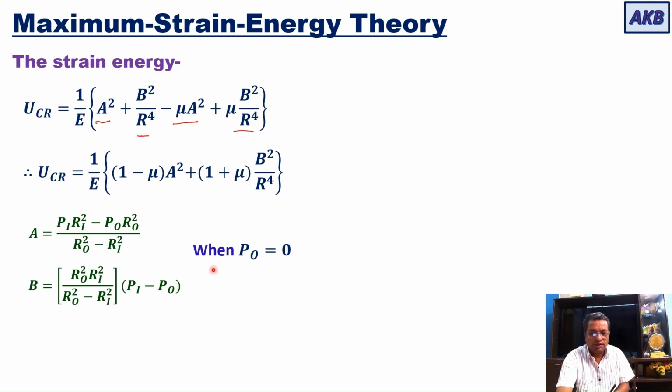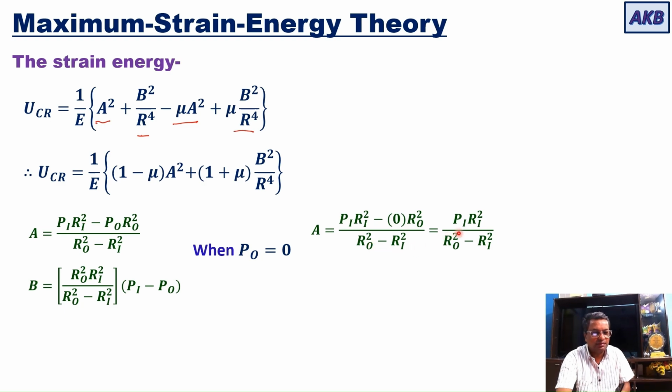Okay. So if you consider Po to be 0, that is, external pressure to be 0, which is true for almost every high pressure vessel, then A will be Pi ri square minus 0 into ro square divided by ro square minus ri square.